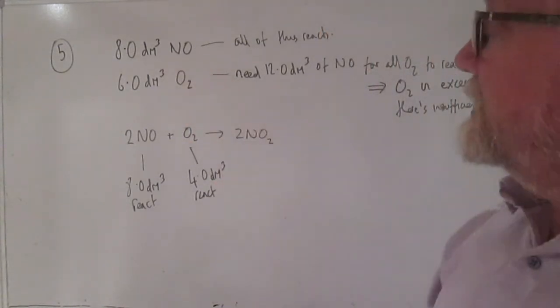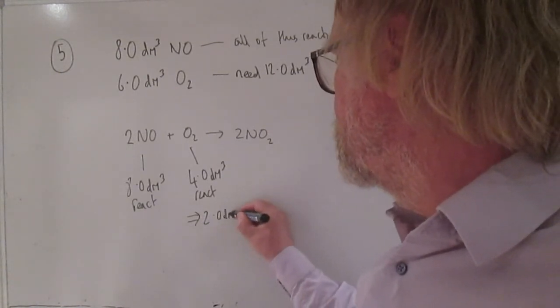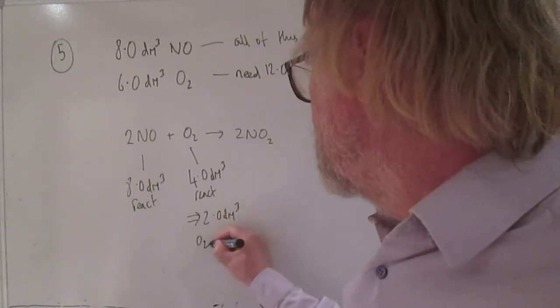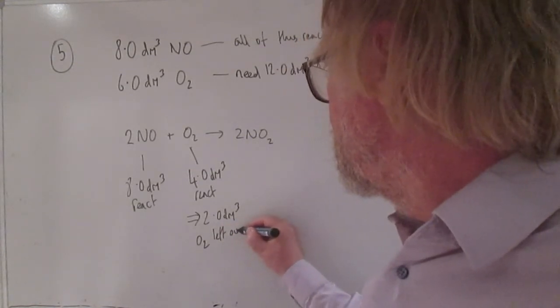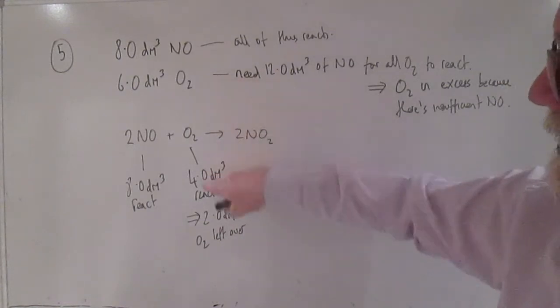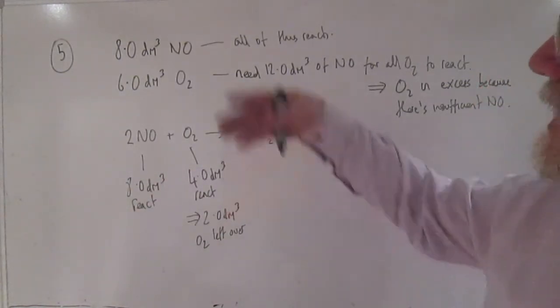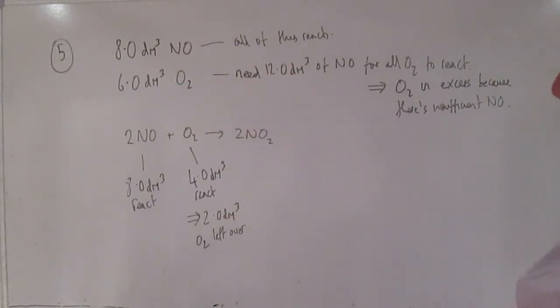But because we had 6 dm cubed of O2, that means we have 2.0 dm cubed of O2 left over. Right, because we had excess, and the excess is the amount that reacts, which is 4, because it's half as much as the NO, taken away from the total 6. So that leaves us with 2 dm cubed.